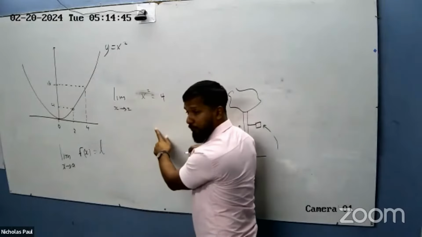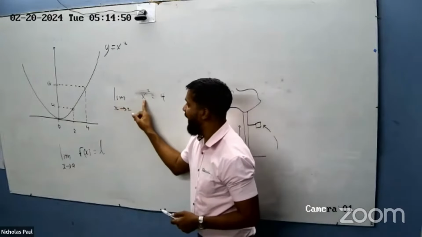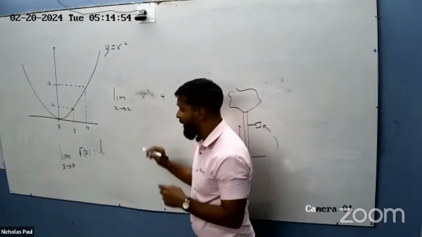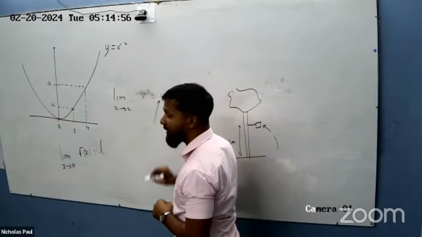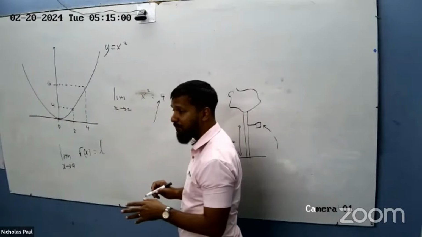All right? So if I ask you, what is the limit of x squared as x approaches 2? The answer is 4. But you'll recognize the only way I could validate this is if the approach from the left and the right gives the same thing.